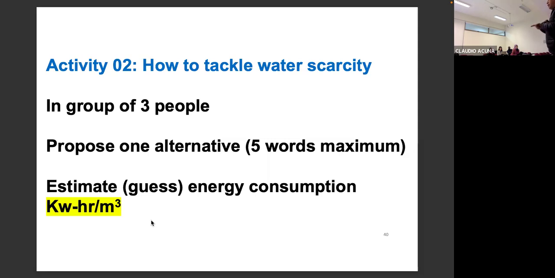So from 20 we end up with 6.5. And now there is another technology that recovers this pressure, and now we have 3.2. On top of that, we are working with different materials in order to reduce the pressure, and in theory, we can end up with 1 kilowatt hour per cubic meter. Thermodynamically speaking, to separate is 1 kilowatt hour, so we still have a gap.